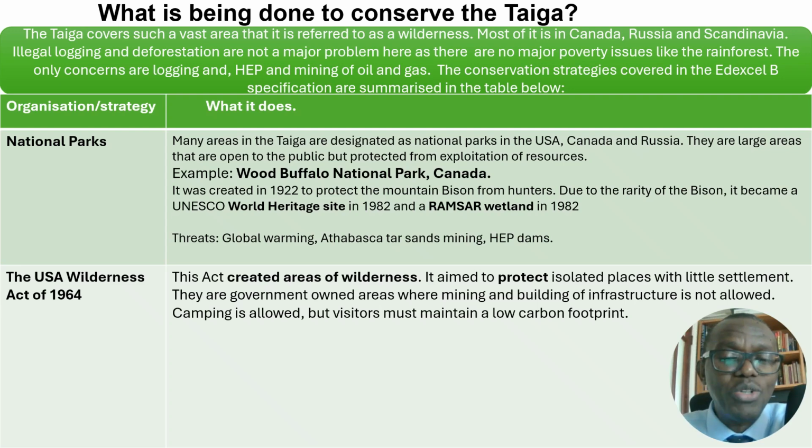It aimed to protect isolated places with little settlement. They are government-owned areas where mining and building of infrastructure is not allowed. Camping in these areas of wilderness is allowed, but visitors must maintain a low carbon footprint. So this act protects those isolated areas from destruction by these TNCs.